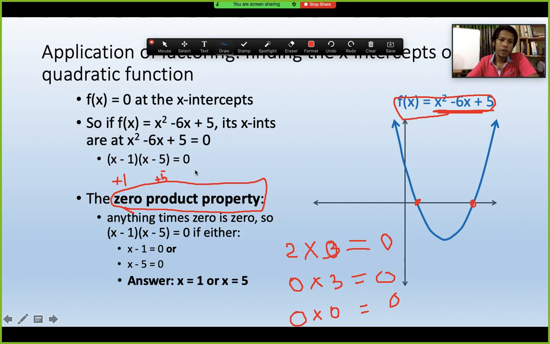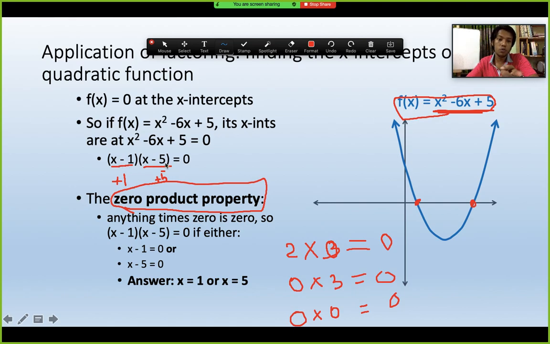So if we have something like x minus 1 into x minus 5 equal to 0, how can this term and this term give 0? Either x minus 1 must be 0 or x minus 5 must be 0. Or else the answer cannot be 0, because it is this multiplied by this.